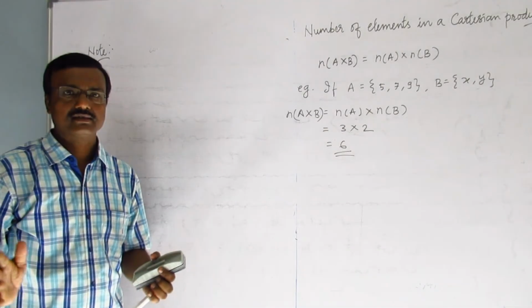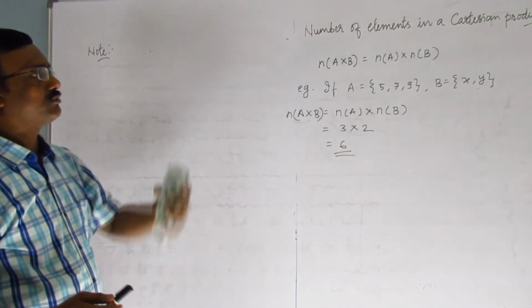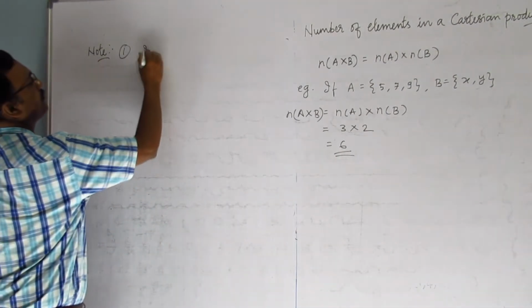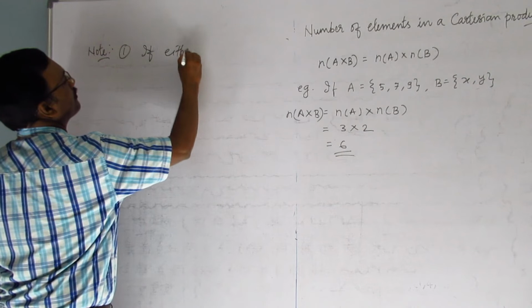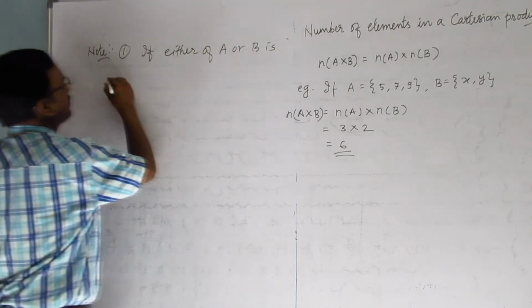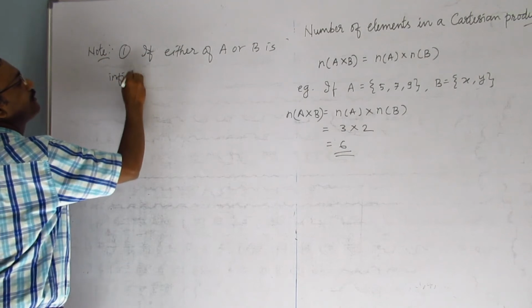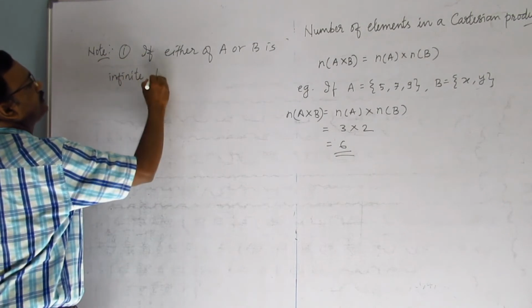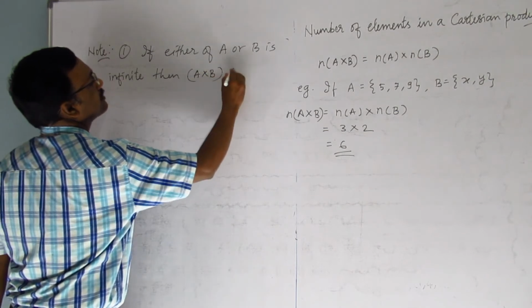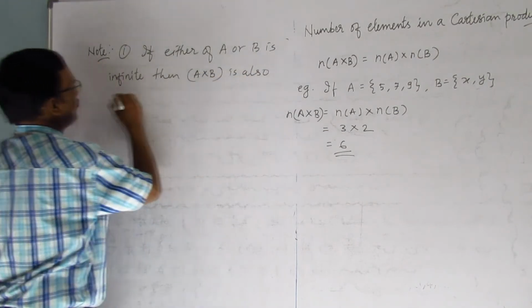Now students, let us see notes regarding the number of elements in Cartesian product. Note number 1, if either of A or B is infinite, then Cartesian product A cross B is also infinite.